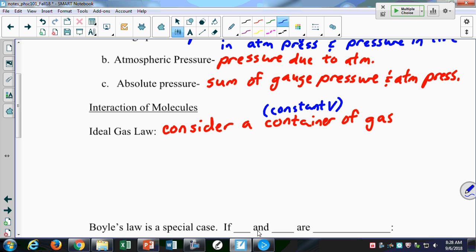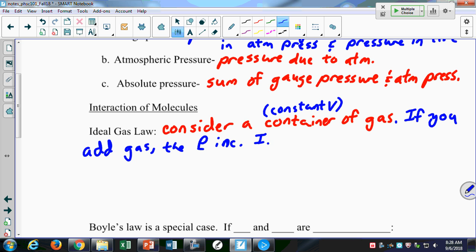All right. So consider a container of gas. If you add gas, the pressure increases. If you raise the temperature, the pressure increases too.